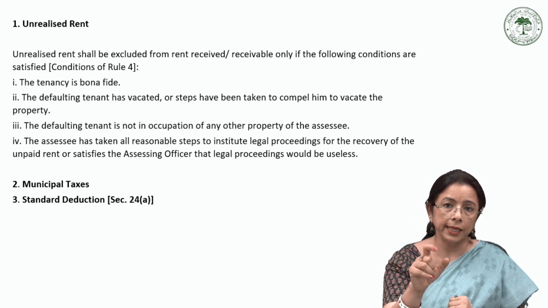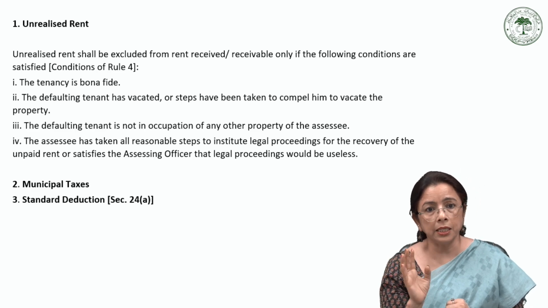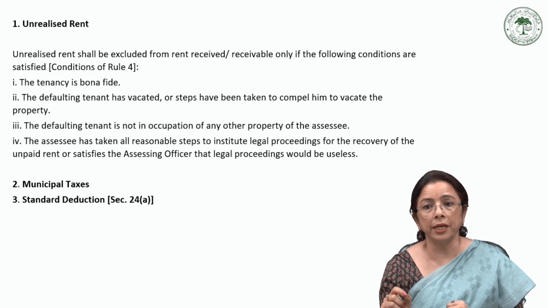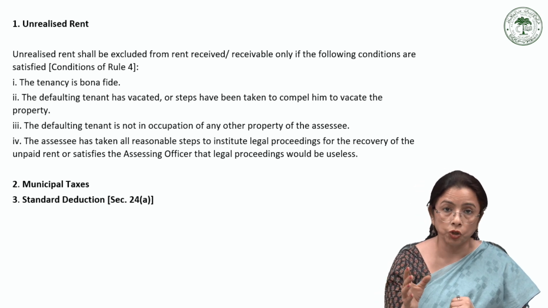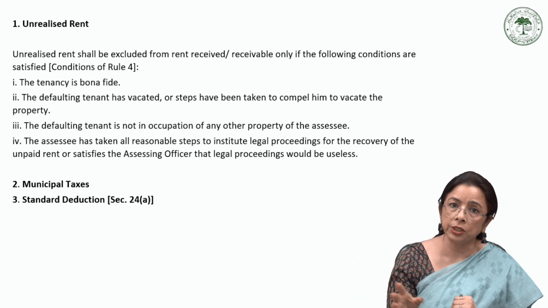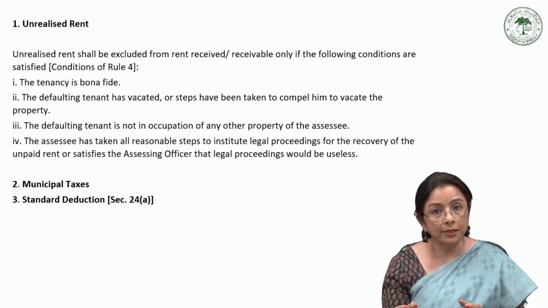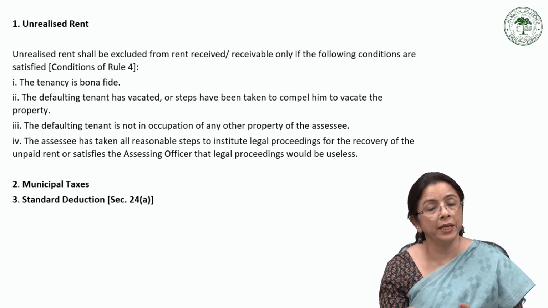Whether this expenditure is incurred or not, it is allowed to be deducted. Thus, no deduction can be claimed in respect of expenses on insurance, ground rent, land revenue, repairs, collection charges, electricity, water supply, salary of liftmen, etc.